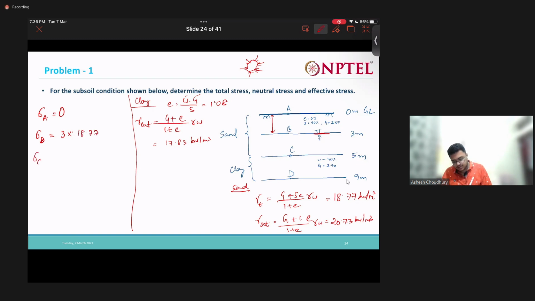Okay, now at C, let's see what will be my total stress. 3 into 18.77 plus 2 into gamma W plus 2 into gamma saturated, that is 20.73.